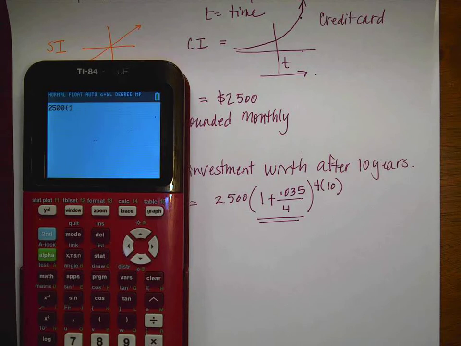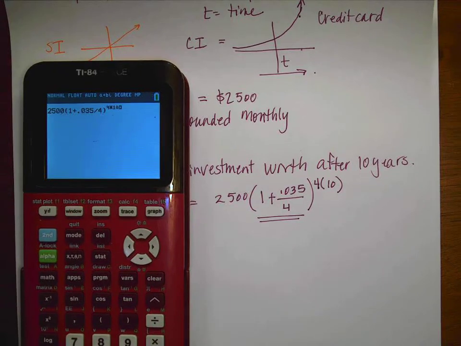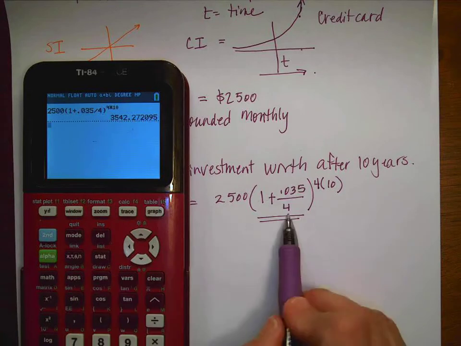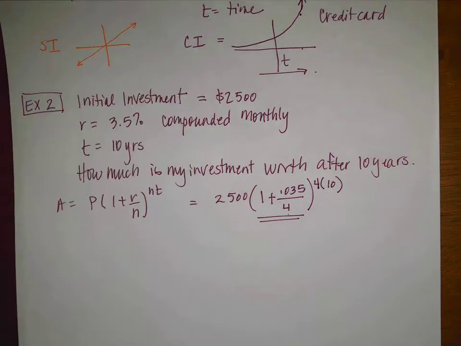So I'm going to enter the 2,500 times (1 plus the 0.035 divided by 4), close parentheses, raised to the 4 times 10, in case you don't know what that number is. And then I hit enter. If I get a value for this and I round it off, I will get an incorrect answer. Always do it in one fell swoop on your calculator.